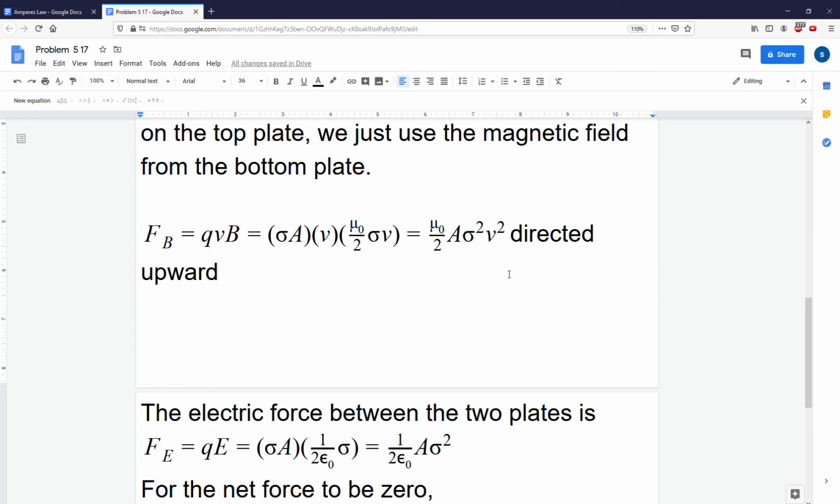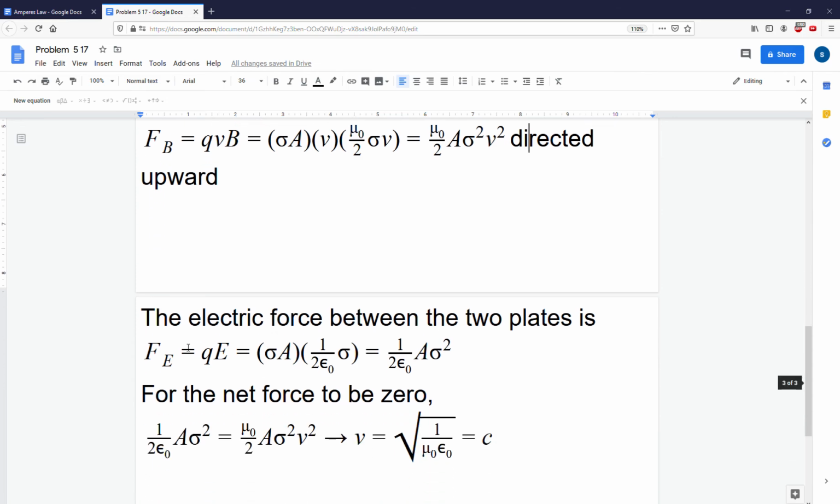Now part C of this question asks, at what speed would the magnetic force balance the electric force? Well, we have the formula for magnetic force here. We can do something similar for electric force. Electric force is equal to Q times E, and once again, Q is sigma times A. Now, if we recall the electric field produced by a plane of charge, it was this formula right here, which means that the electric force is 1 over 2 epsilon naught times A times sigma squared.